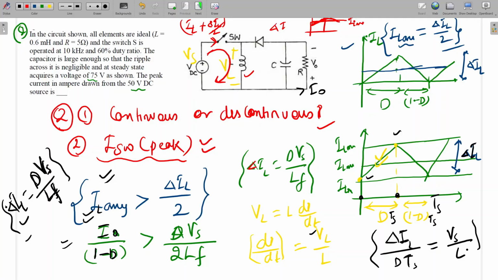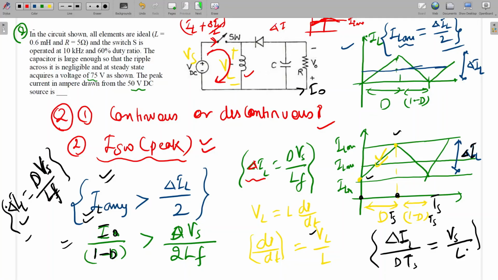What will be the value of delta IL? Can anyone tell? It is D into Vs by LF. Duty D is 0.6, Vs is 50, divided by L into F, 0.6 milli into 10K.